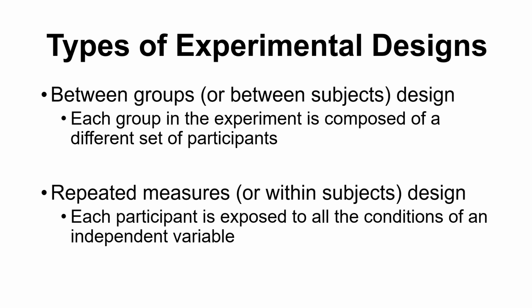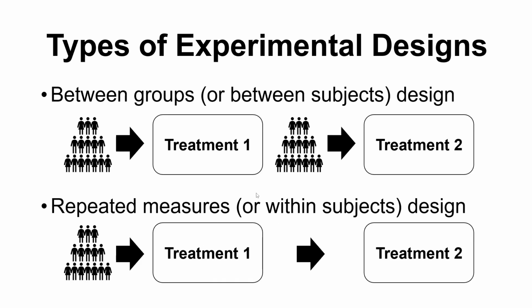But here, instead of having two or more separate groups, now we're saying that people in a group would be given multiple different types of exposures. So each participant gets exposed to all the conditions of our independent variable. So again, back here, we have this group of individuals, and they would receive the treatment with the drug. And then after some time, they would also receive a period of time without the drug.